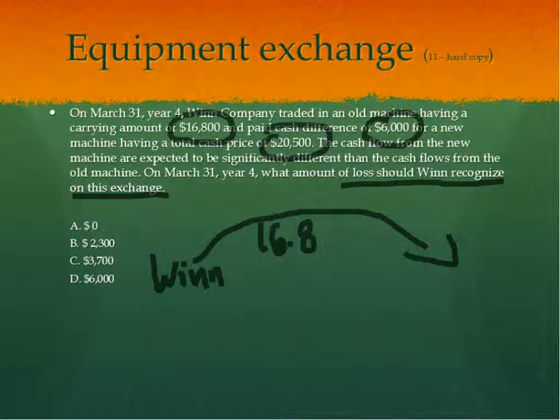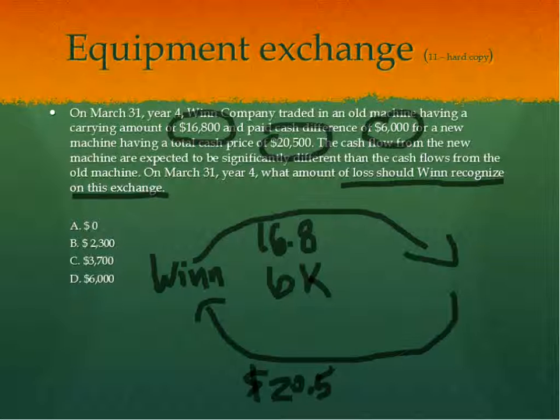And it paid cash difference of 6K, that's fine, right? And what it received, what did it get? It received a machine having a total price of 20.5. So 20.5 is what it received. All right, so now we're saying what amount of loss should be recorded.